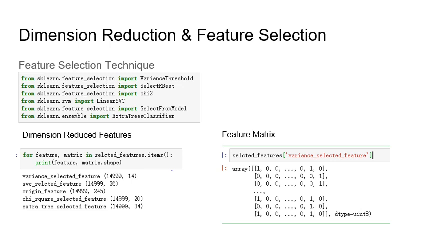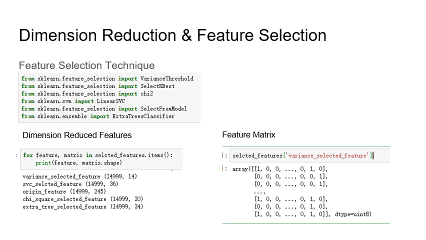After the preprocessing step, we use different feature selection techniques to reduce the dimension of the features, such as variance threshold, select k-best with chi-square, as well as select from model. We use extra tree classifier and the linear SVC.